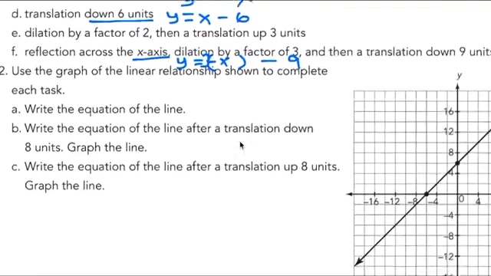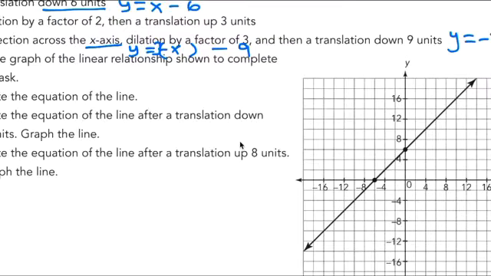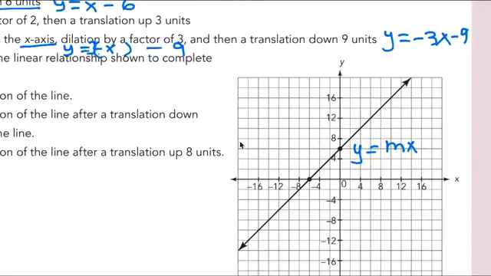Write an equation of this line. Perfect. y equals mx plus b. That's an equation of a line. b is the y-intercept, which is that one. And that point is going by 2. It's 6. The slope, oh, they got a point here for you.